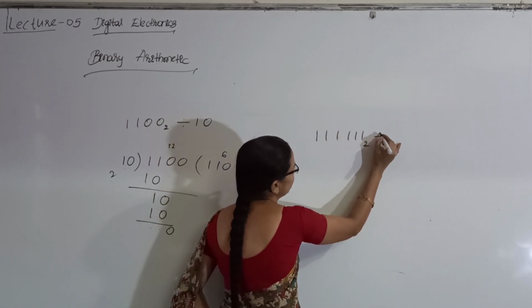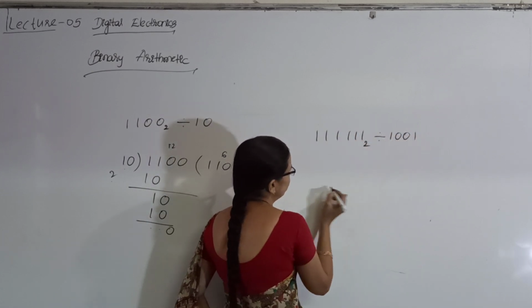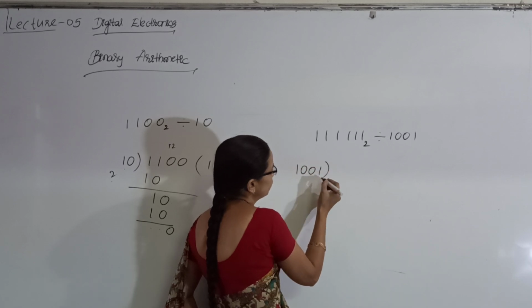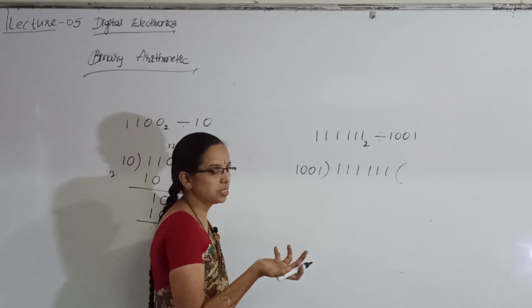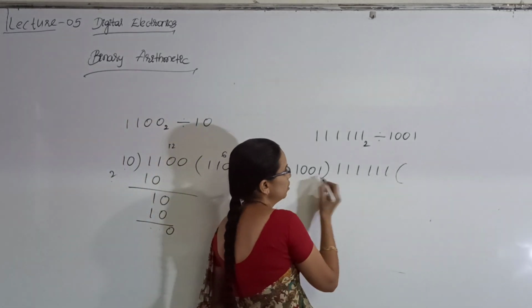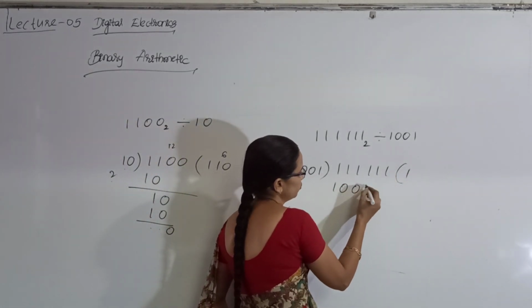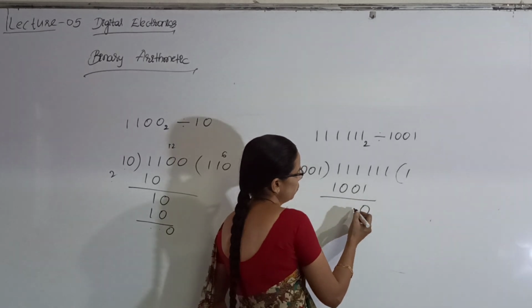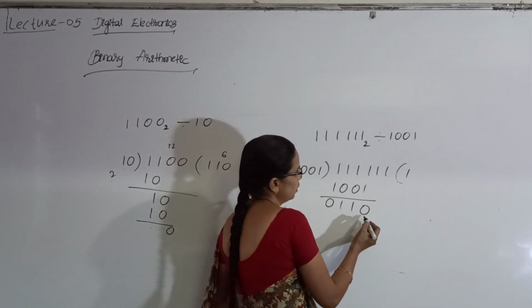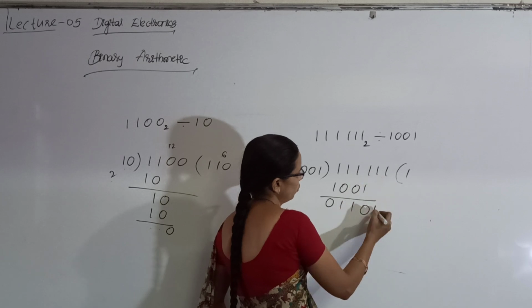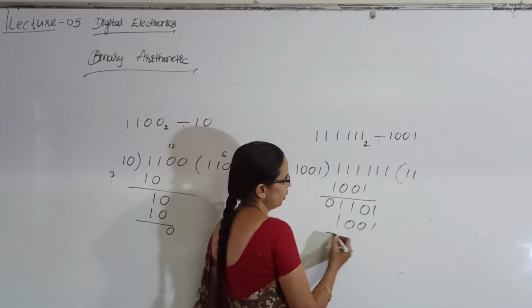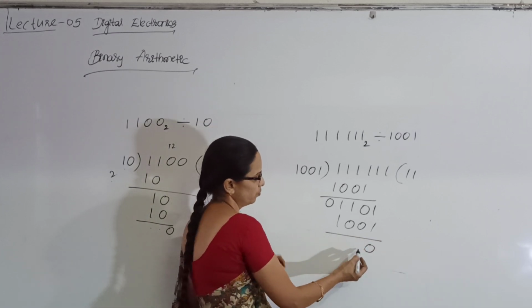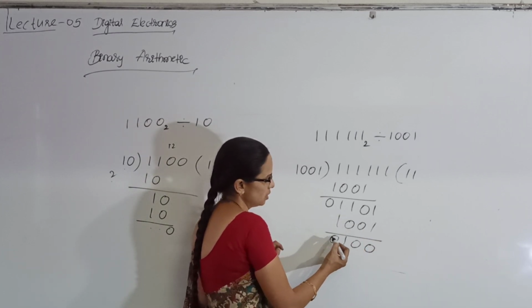111 binary divided by 1001. You can use any division symbol that you have practiced. Ones are 0, 1, 1, 0. Again you can take one more bit into consideration. 1001, 0, 0, 1 and 0.